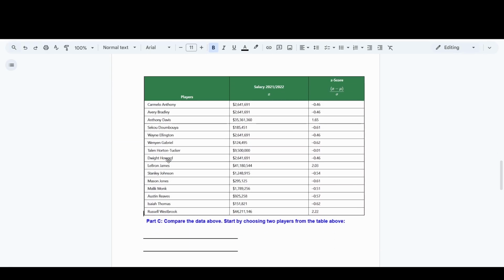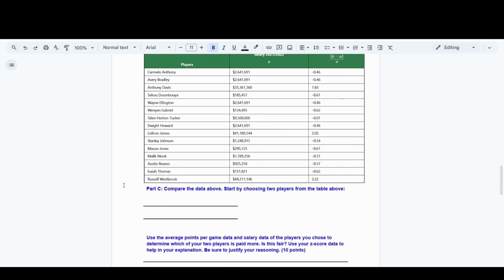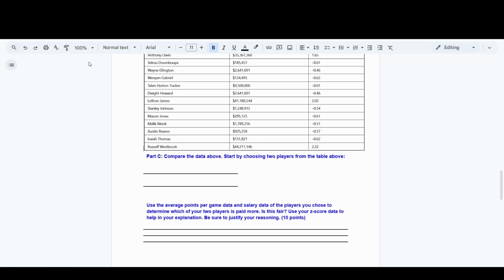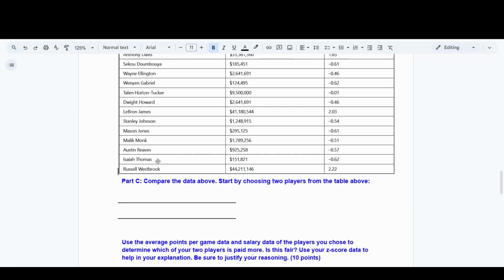Let's come down here to the last part. So this is part C. Compare the data above. Start by choosing 2 players from the table above. I'm just going to pick these 2 because they're close together. And I can zoom in on this for us. But we should all have different players. So I'm going to pick Isaiah Thomas, and I'm also going to pick Russell Westbrook.